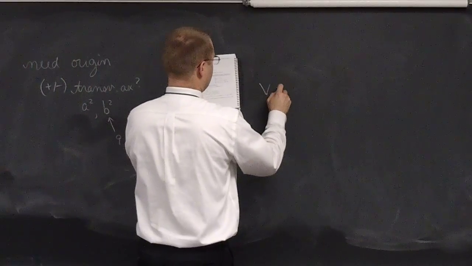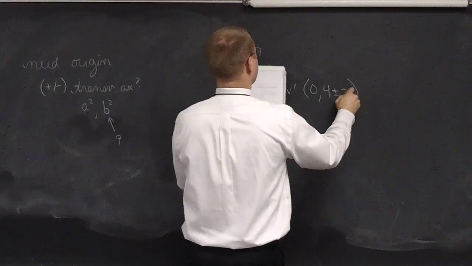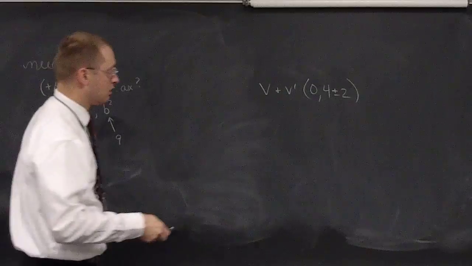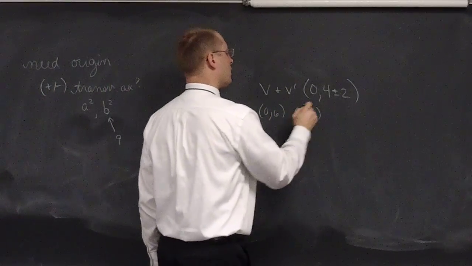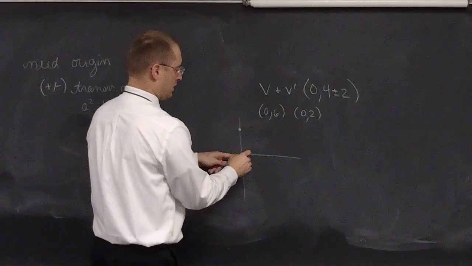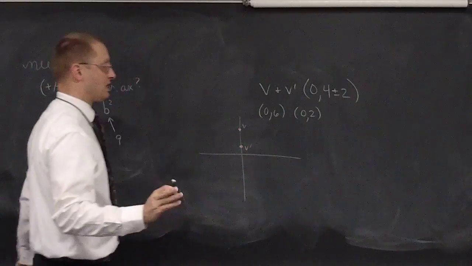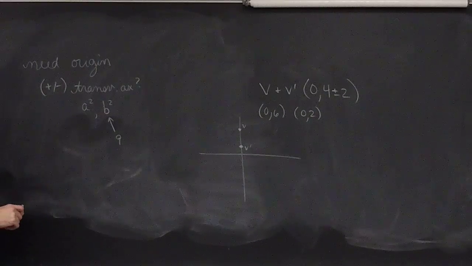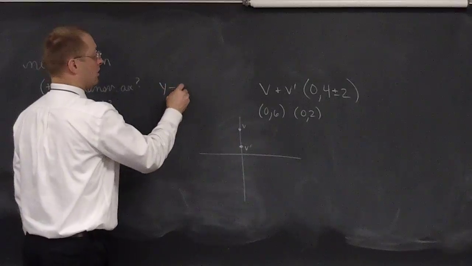It says the vertices are at 0, 4 plus or minus 2. Thoughts? Vertices are at 0, 6, and 0, 2. Okay, so picturing this here, 0, 6, 0, 2, these are the vertices. So what does that tell us? That your transverse axis is the y.